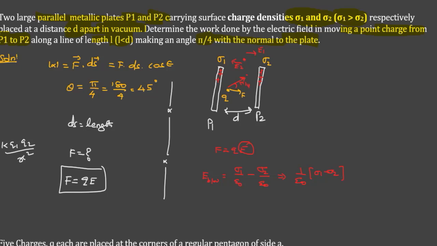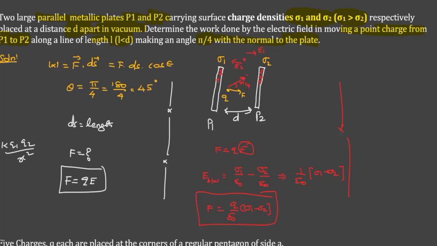Based on this, if we work, we can easily get E is nothing but 1 by epsilon naught into sigma 1 minus sigma 2. So now force is nothing but we just need to multiply by Q. So Q by epsilon naught into sigma 1 minus sigma 2. So we calculate the force.